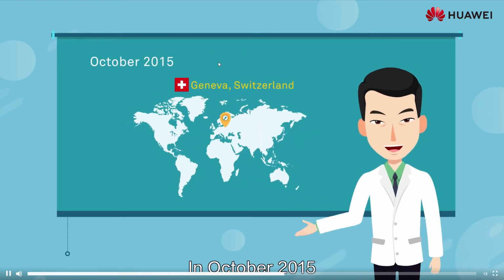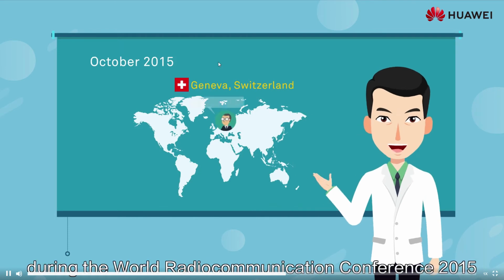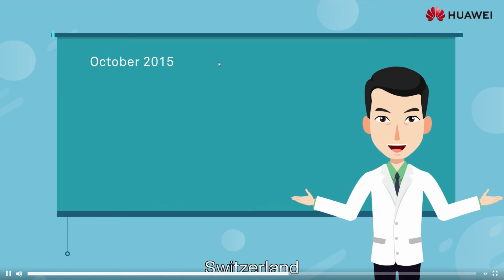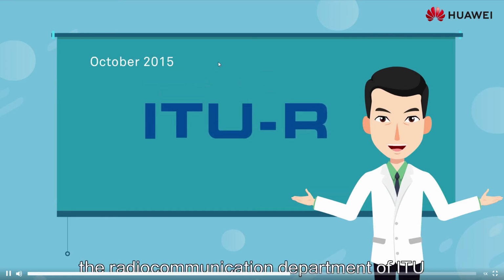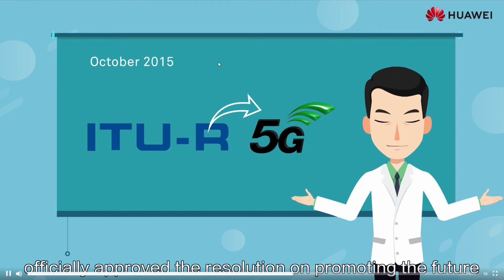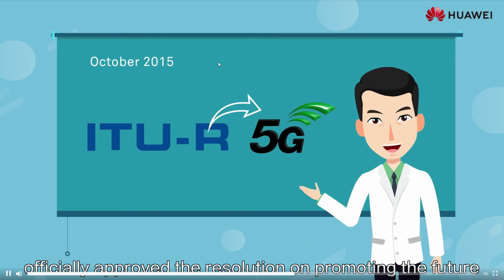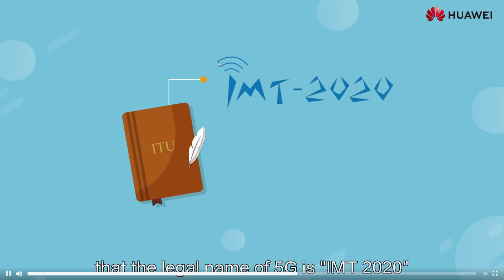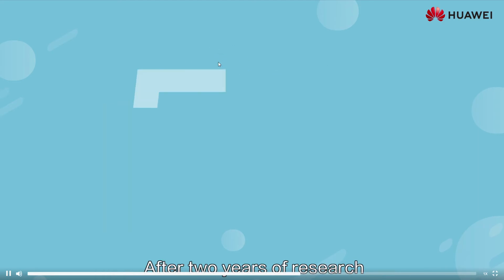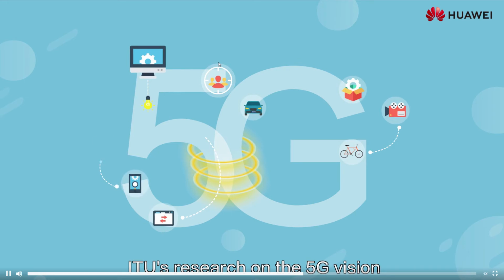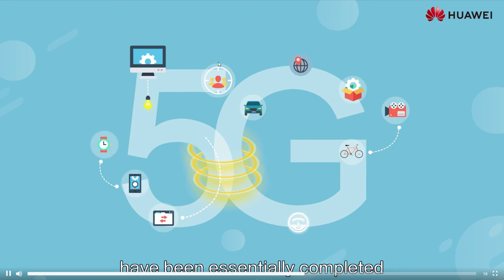In October 2015, during the World Radio Communication Conference 2015, held in Geneva, Switzerland, ITU-R, the Radio Communication Department of ITU, officially approved the resolution on promoting the future 5G research process and formally determined that the legal name of 5G is IMT-2020. After 2 years of research, ITU's research on the 5G vision has been essentially completed.